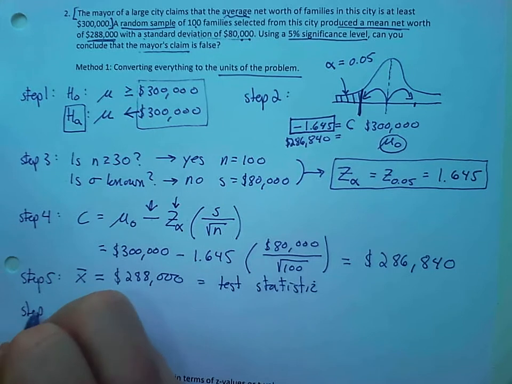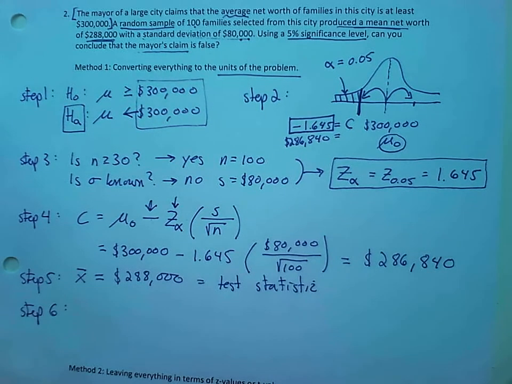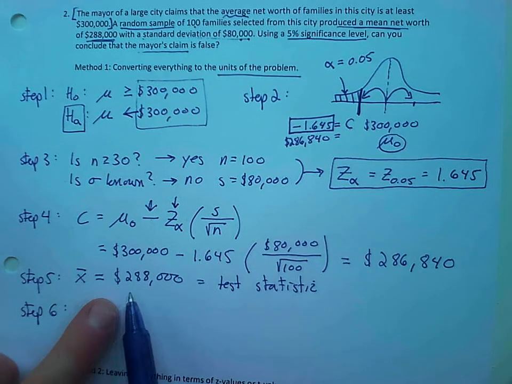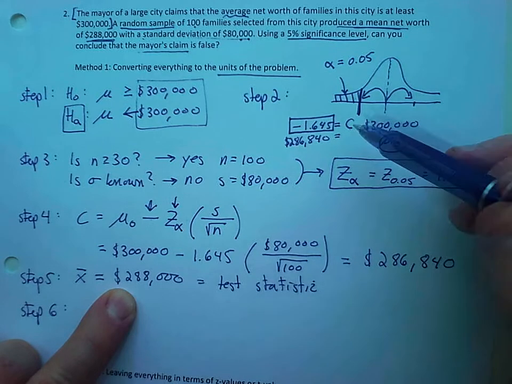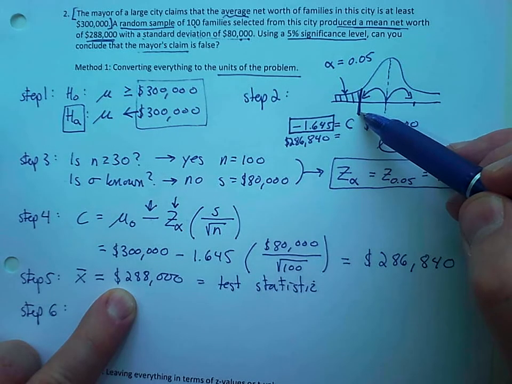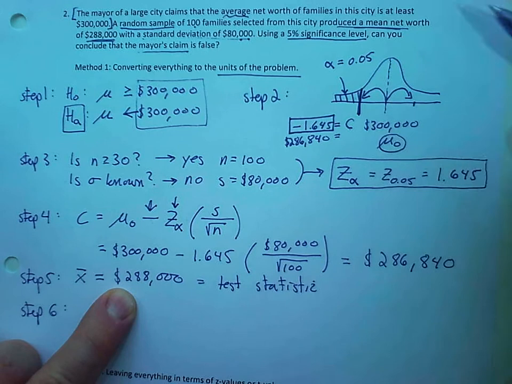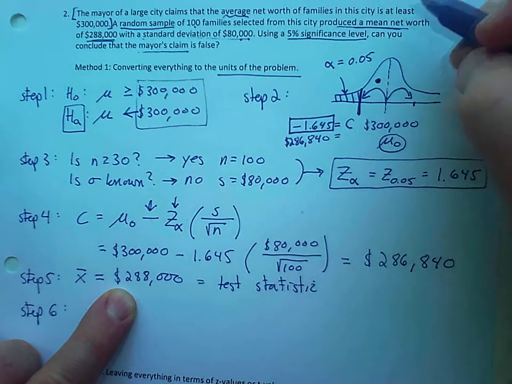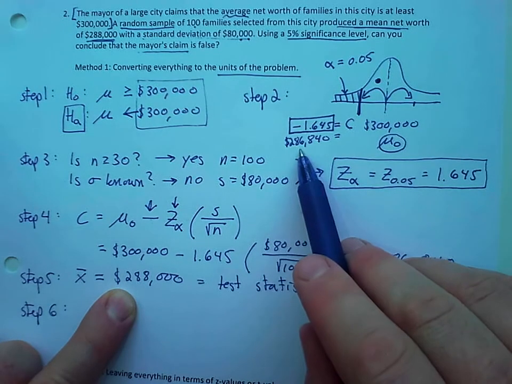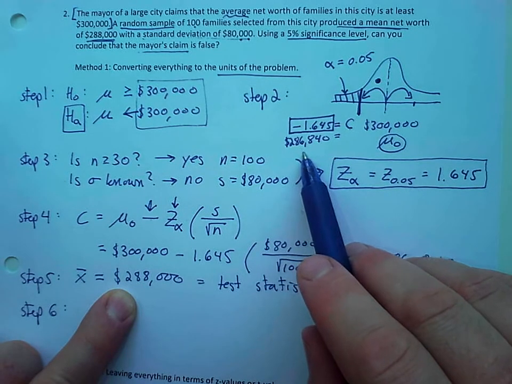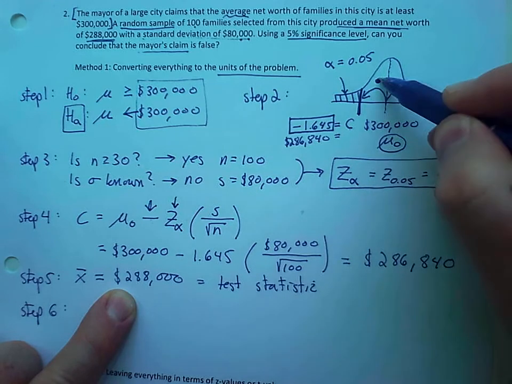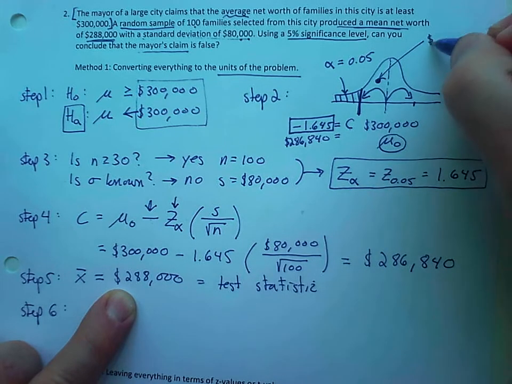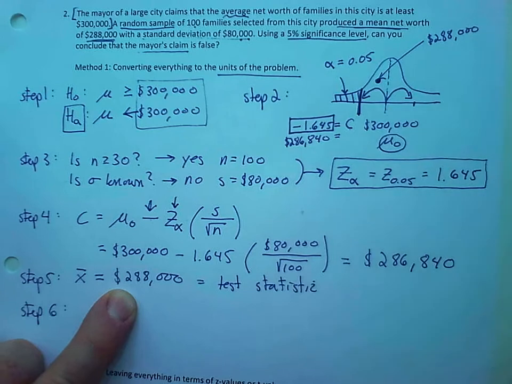Then in step number 6, we try to see where our test statistic falls. Our test statistic is x bar, which is 288,000. Our critical value is $286,840. So therefore, 288,000 falls somewhere like right here, somewhere above 286,840 but below 300,000. So you can think of this as being $288,000.